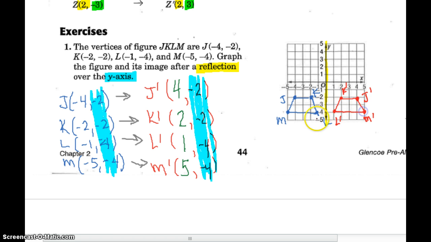And notice the L's are closer to each other, the M's are farther away, because when you fold, it's like folding a piece of paper like an ink blot. This shape is going to make the exact same shape on the other side of the y-axis. We were folding it about the y-axis. Sometimes it's the x-axis. If it's x-axis, your x value stayed the same. But for this one, our y value stayed the same because we were going across the y-axis.